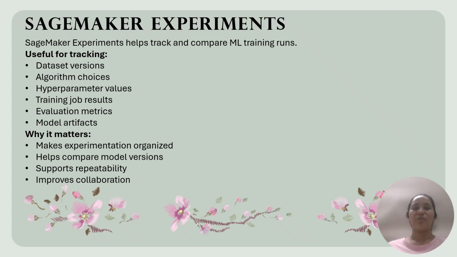It also supports repeatability, allowing teams to recreate successful experiments using the same settings and data. Finally, it improves collaboration because team members can access and review experiment details without relying on personal notes.